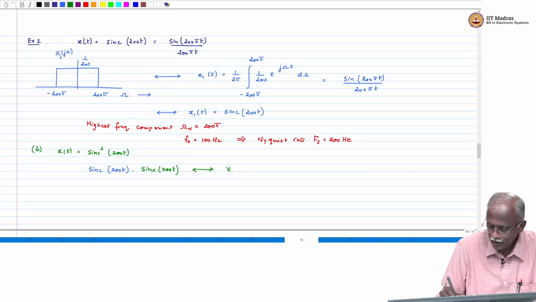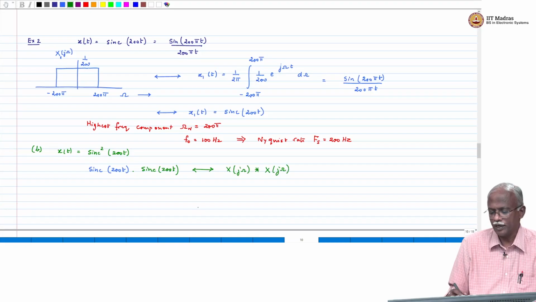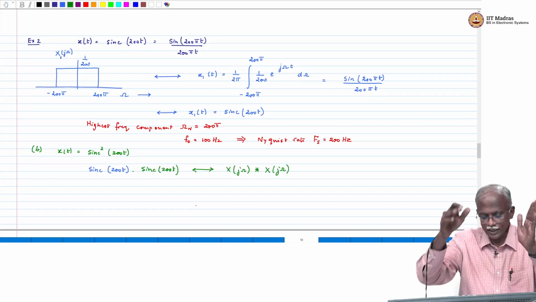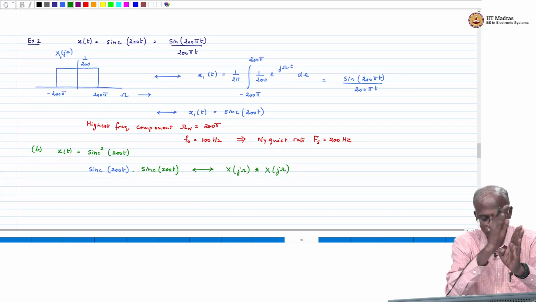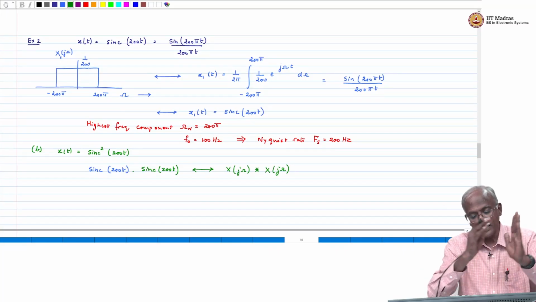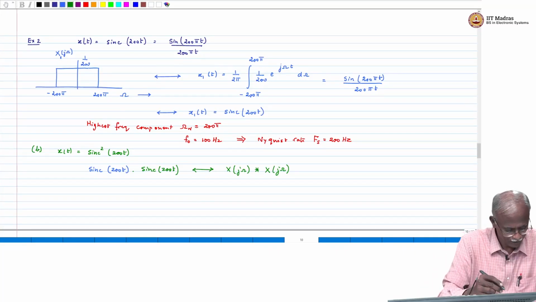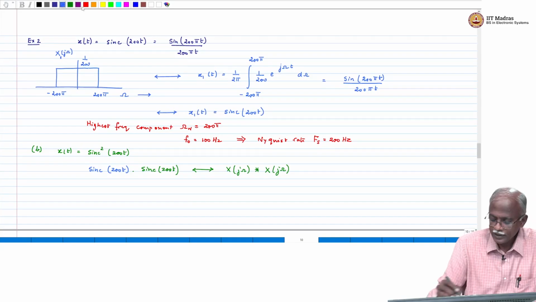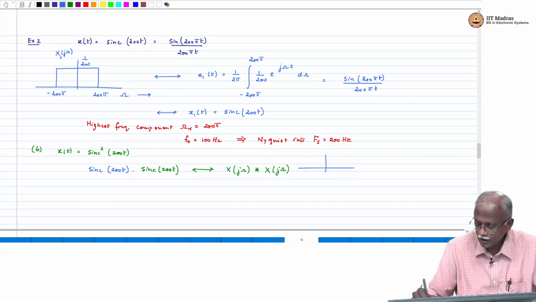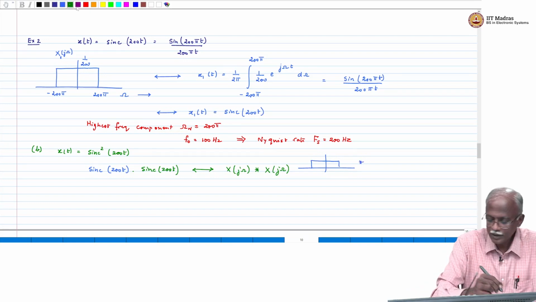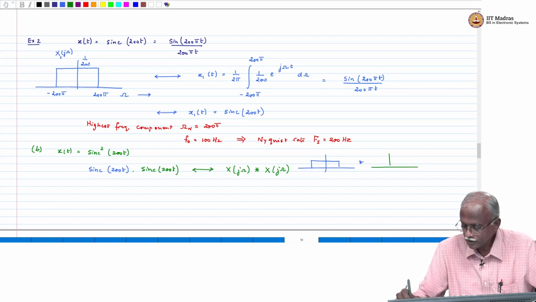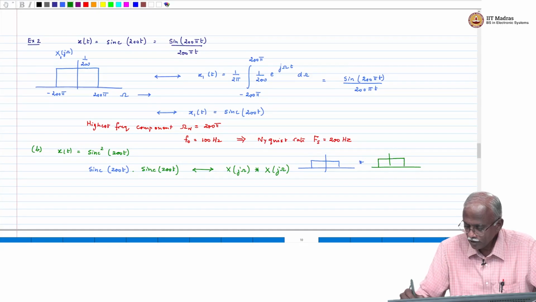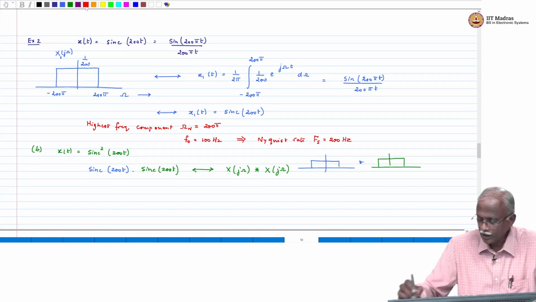So x of j omega will be convolved with itself. You take this rectangular function which goes from minus 200 pi to 200 pi and convolve it with itself: one rectangular function convolved with another rectangular function.